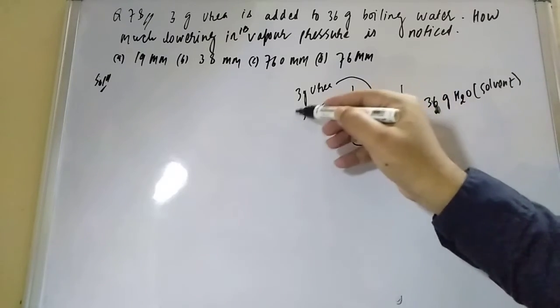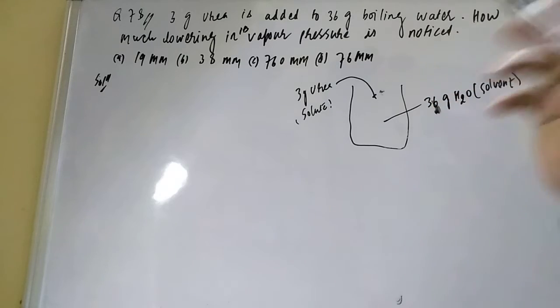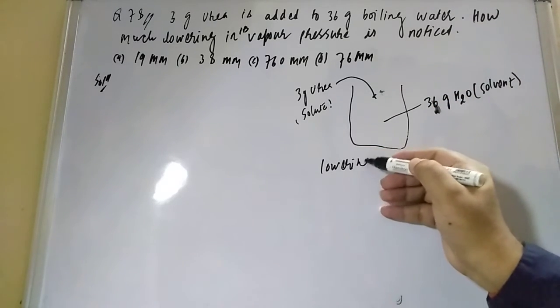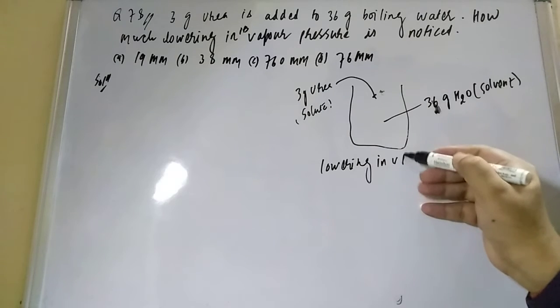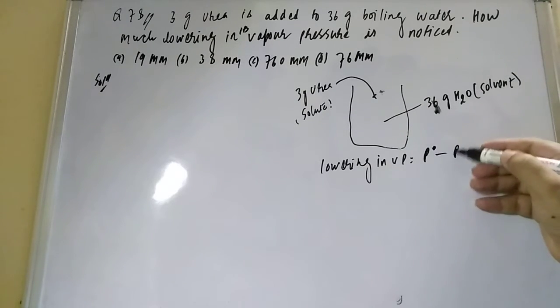How much lowering in vapor pressure is noticed? When you talk about lowering, not relative lowering, lowering in vapor pressure means P naught minus Ps.